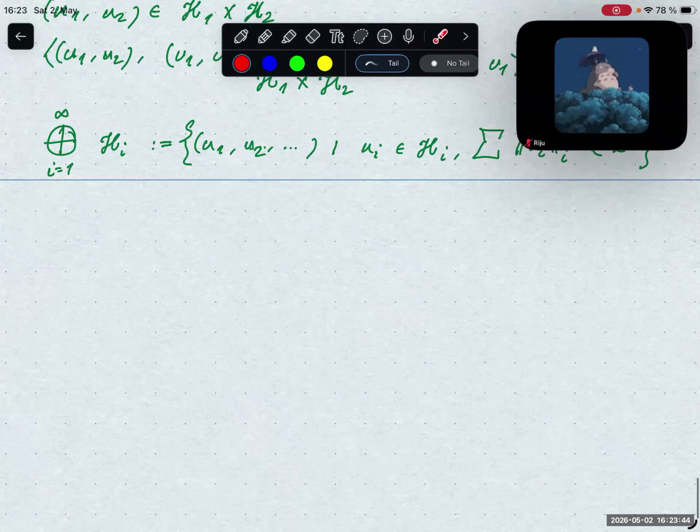The next topic: from linear algebra, one way to compute with vectors is to use a basis, right? For instance, in Rn, we have e1, e2, or 1, 0, 0, 0, 1, 0, this sort of basis. But now we are in an infinite dimensional setting, so we can ask the same question: how about the basis?